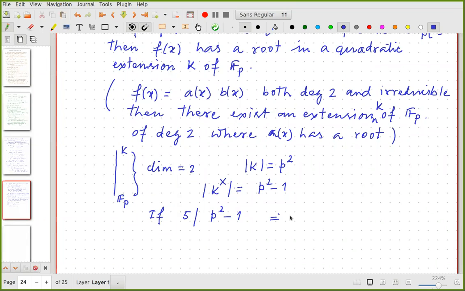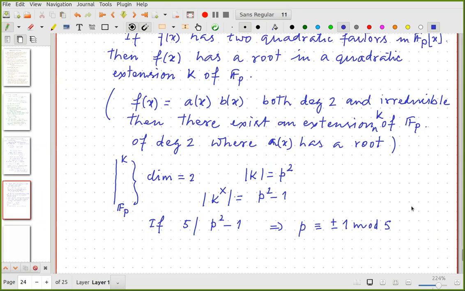So if 5 divides p square minus 1, then p is either plus 1 or minus 1 mod 5.